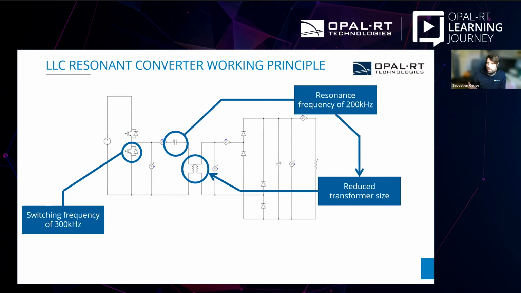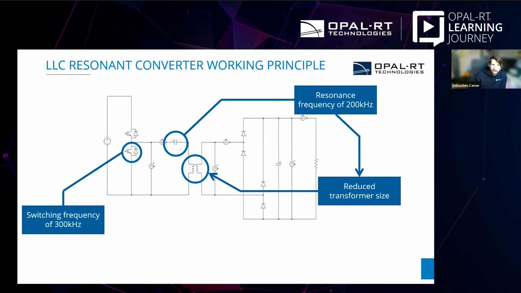The resonant converter principle is that you're going to have a pretty high switching frequency. In that example, I set it to 300 kilohertz. And we'll have a resonance occurring inside what we call the resonant tank. That resonance will create a current on the secondary side of the transformer. We're going to rectify that current, and then it works as a DC-DC converter as a function of the switching frequency.